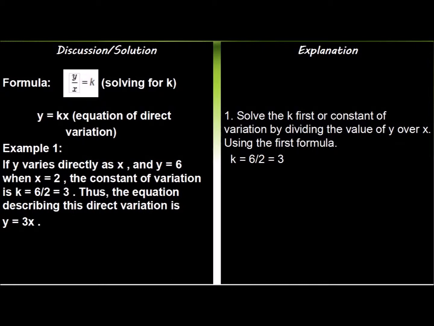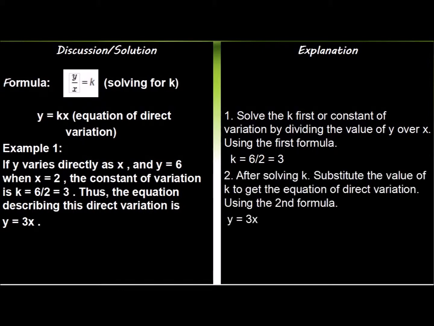First, we have to solve for k, or the constant of variation, by dividing the value of y over x using the first formula. We have k is equal to 6 over 2 equal to 3. Next, after solving for k, substitute the value of k to get the equation of direct variation using the second formula. We have here y is equal to 3x.